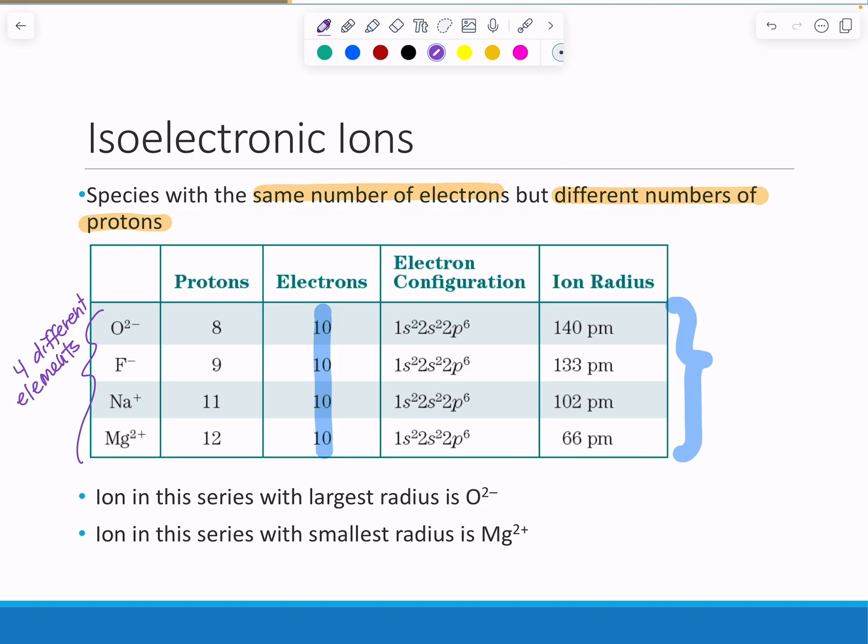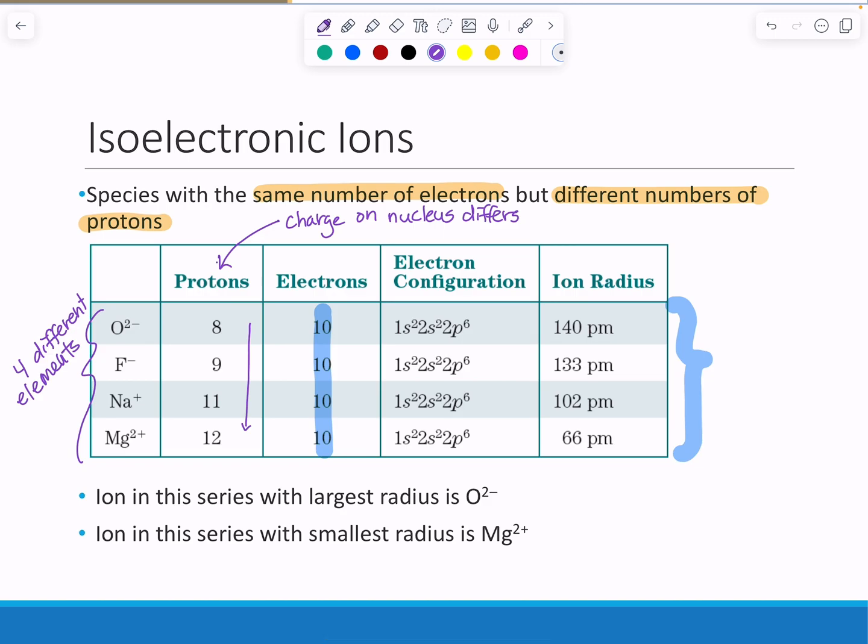All of these things have the same number of electrons, but remember that the charge on the nucleus is going to be different. The charge on the nucleus differs; it gets more and more positive as we go down here.